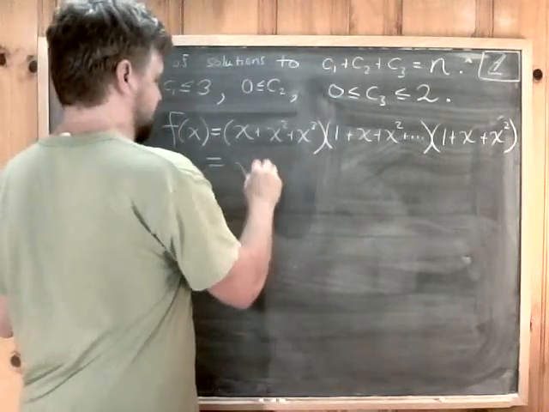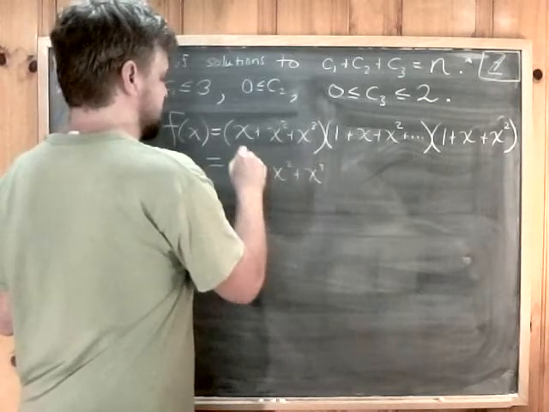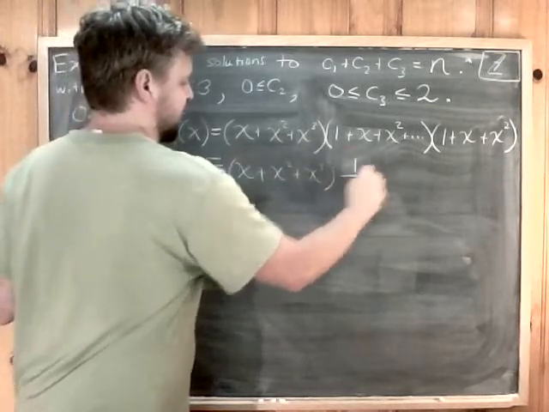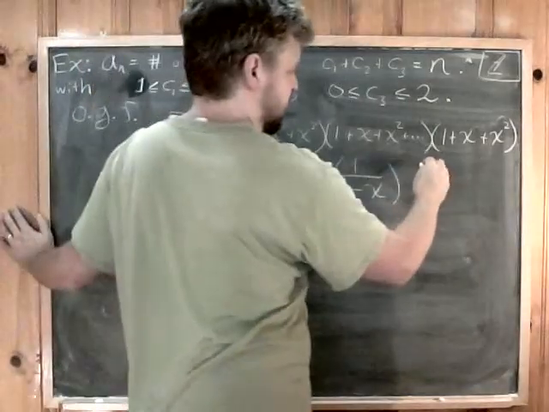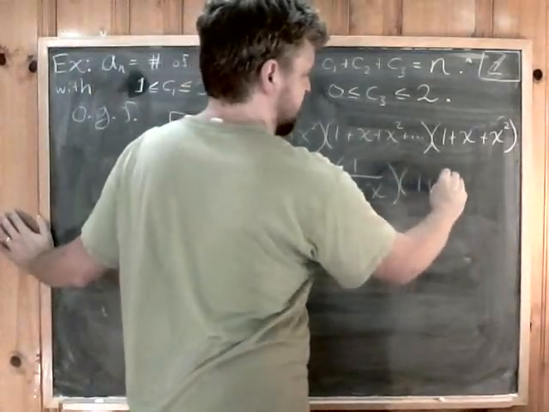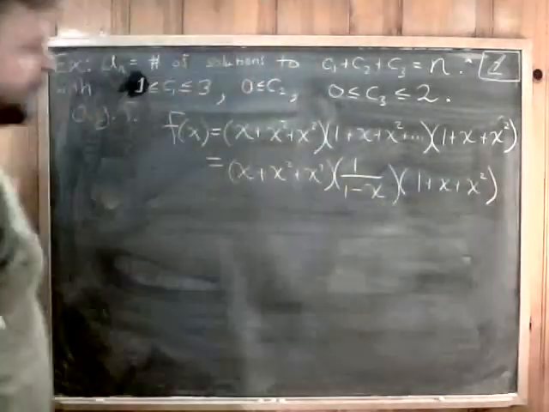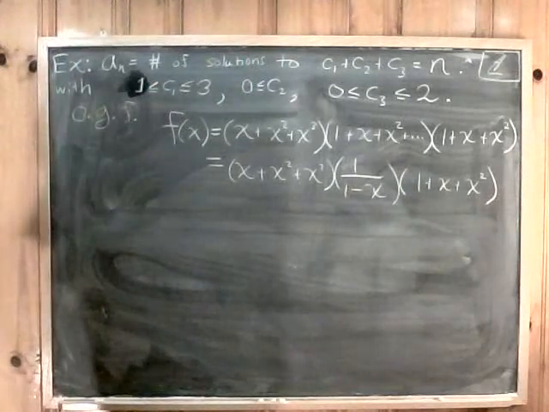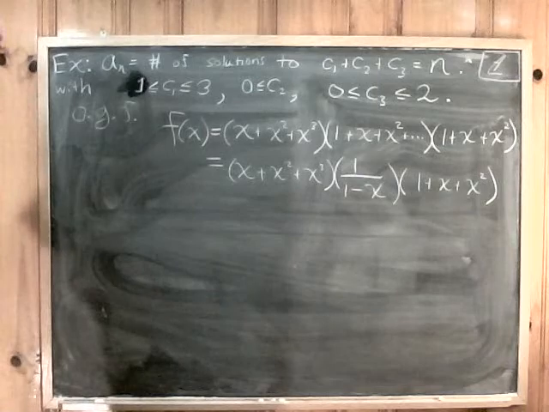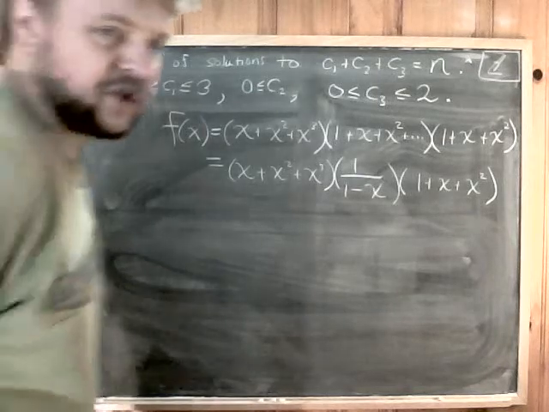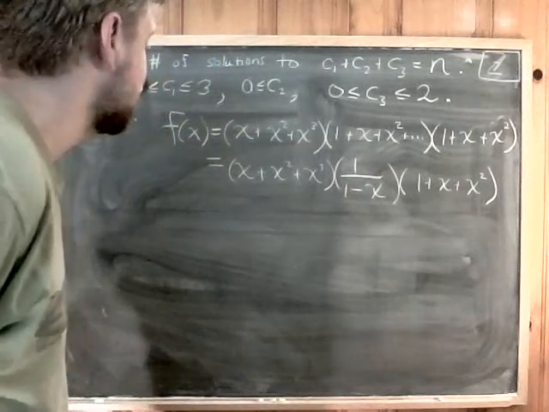So the answer would look like x plus x squared plus x cubed, times 1 over 1 minus x, and then 1 plus x plus x squared. And that is fine. You can leave it like that. There are always going to be possible further simplifications using algebra, but if you do some algebra on it, just be really careful. Don't mess it up.